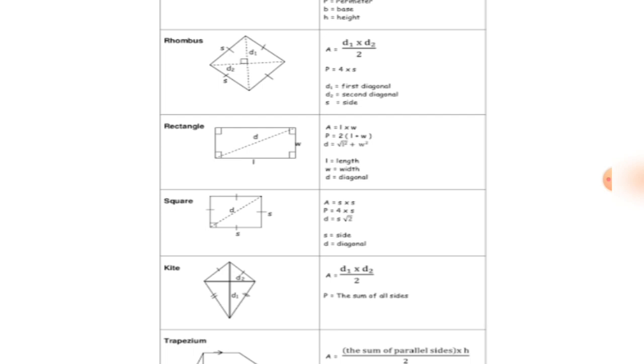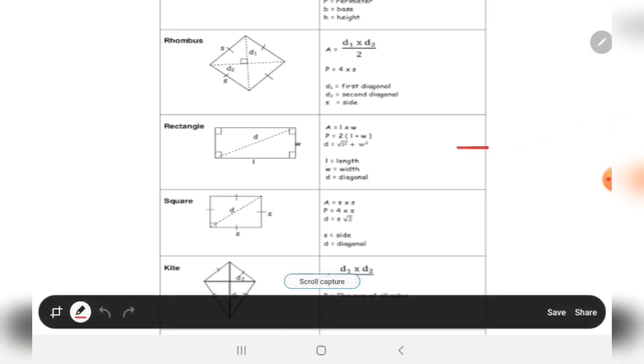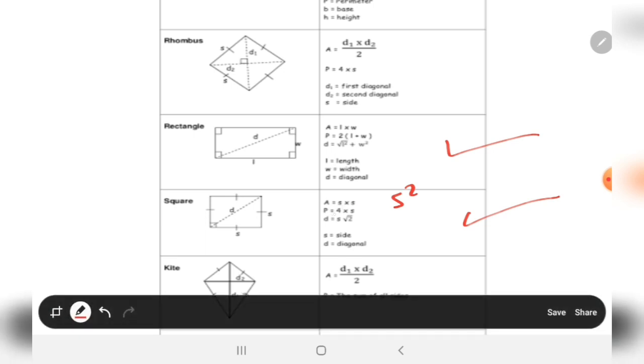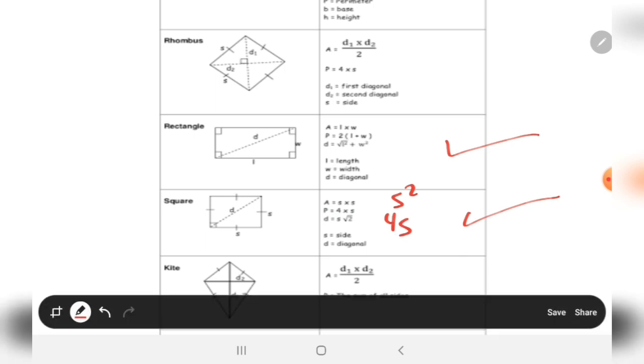Next, rectangle, in getting the area, length times width. This is the basic. Remember, you should remember rectangle and square. In getting the perimeter of the rectangle, that is 2L plus 2W. Next, square, in getting the area, S times S, or S squared. And then in getting the perimeter, that is 4 times the side.